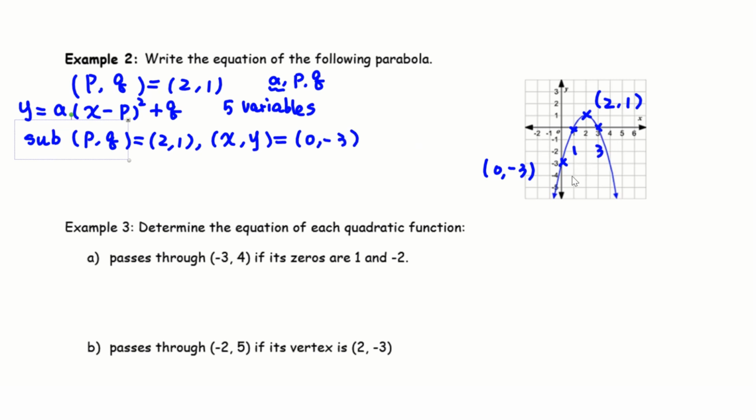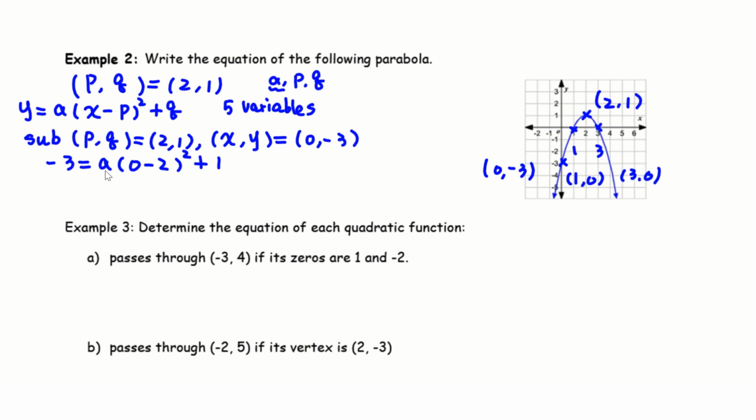Or you could pick (1, 0) or (3, 0). You will have the same A value. So subbing, we have y equals -3 equals A(0 minus 2) squared, Q is 1. Then in this equation, you will see you have only the A value unknown.